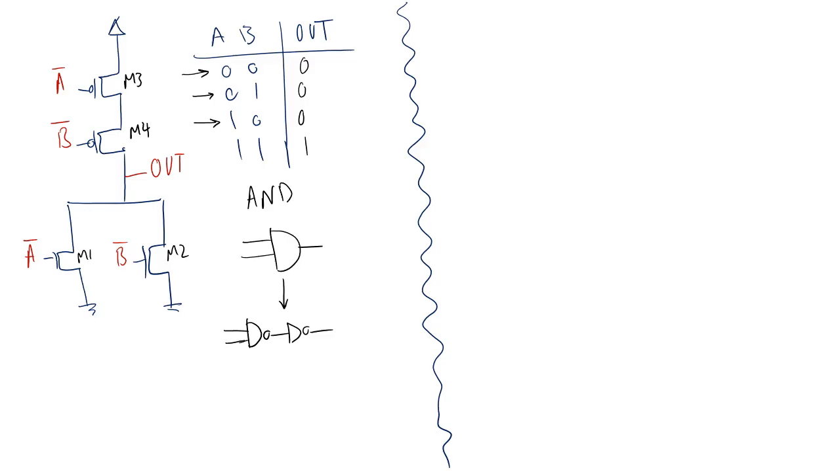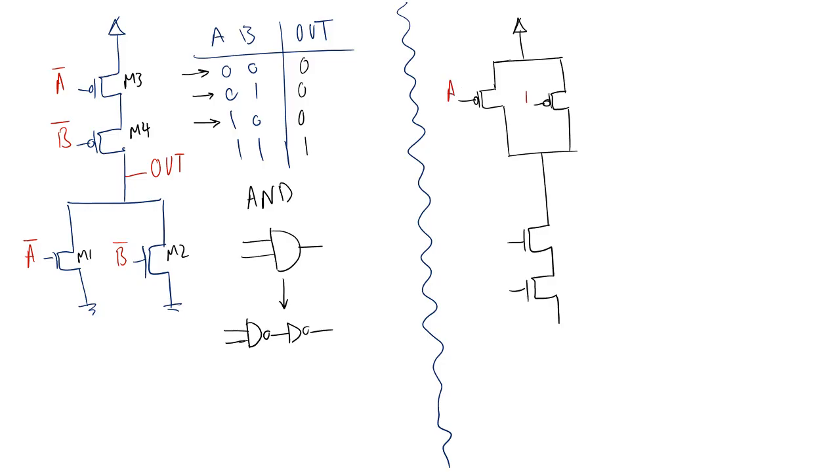So for a NAND, if I want to draw it quickly, we had something like this. And this was A, B, A, B.